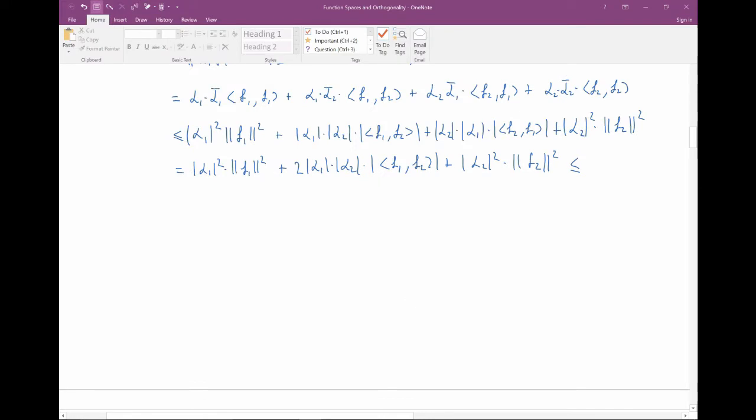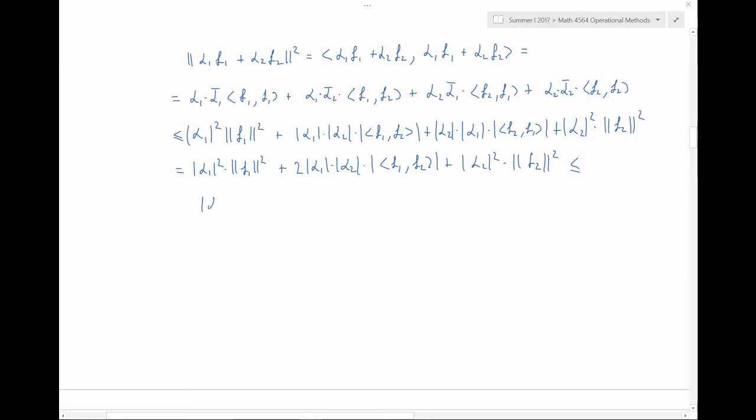After you apply the Schwarz inequality to the middle term, you will get the following. You can replace the absolute value of the inner product with the product of the norms.